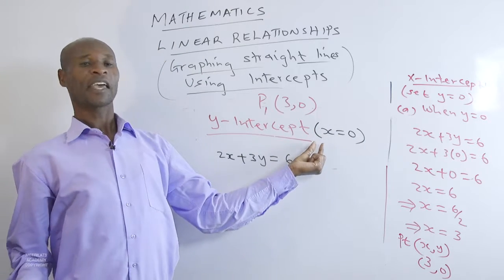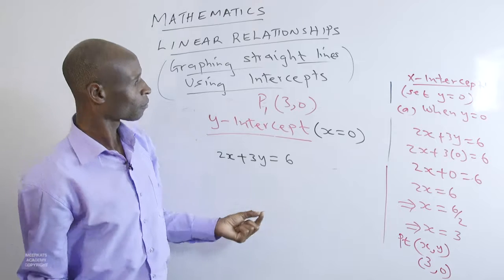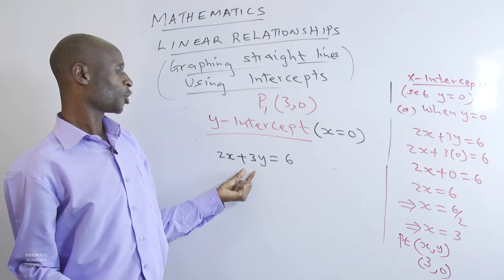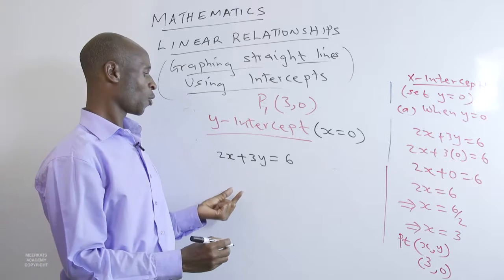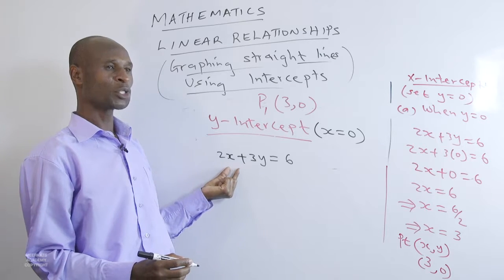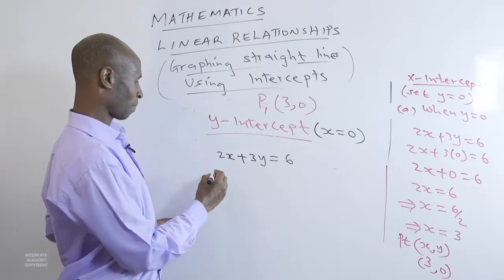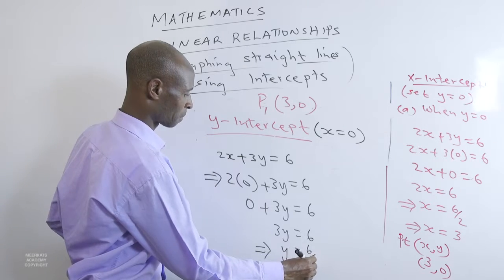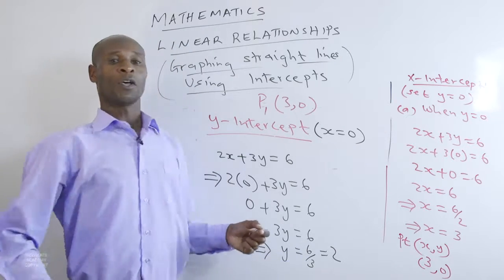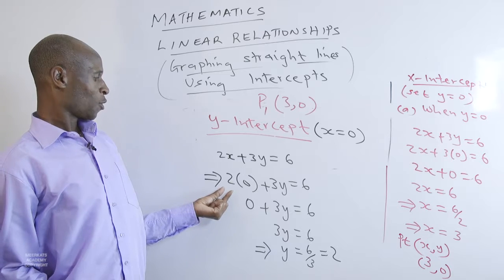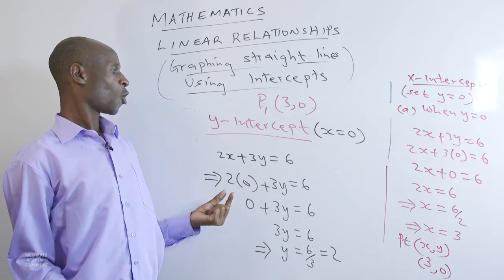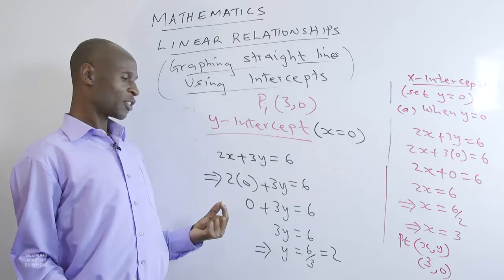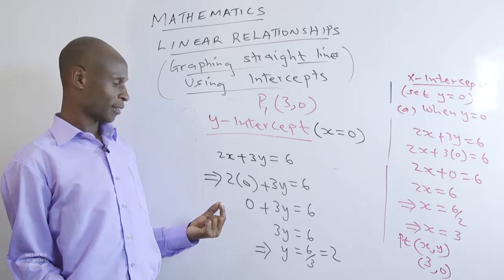So once we set the x value to be 0, we substitute in our linear relation. Where there is x, we put there a 0. So this leads us to this. Where there is x, we replace with a 0 because we have set x to be 0 along the y-axis.